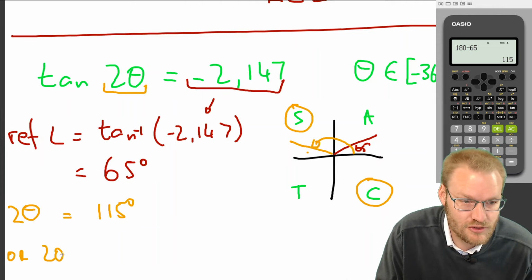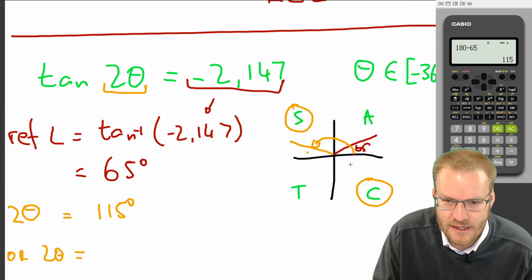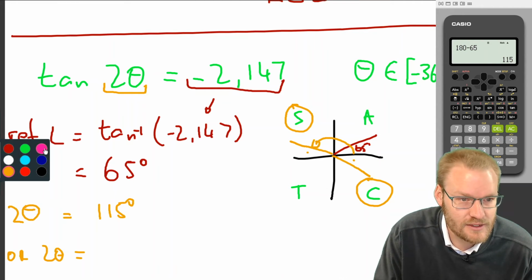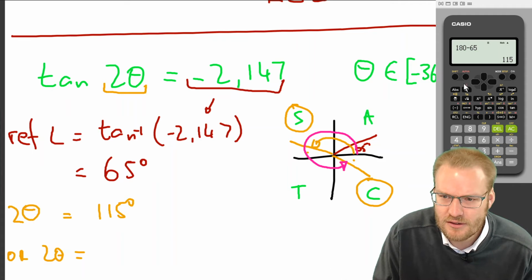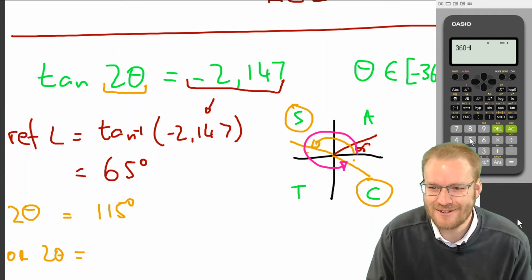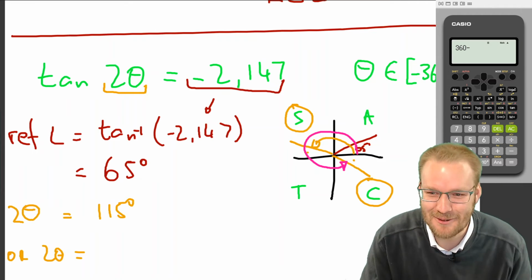Or 2 theta equals, well, we must be down here. So if that's 65, then let's go around there for our second solution. It's quite fun, you can imagine I'm making this video and thinking of the questions I want to put in the Edpuzzle.